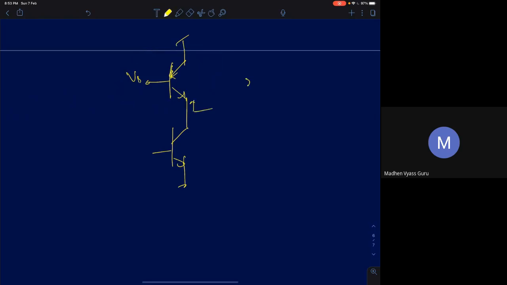Let ROP and GMP be the output resistance and transconductance of this PMOS. What will be the resistance seen on the PNP transistor side? This is a PNP transistor. I'm looking into the collector of a PNP transistor. Base is at AC ground, emitter is at AC ground. What is the looking-in resistance? ROP, yes, it will be ROP. Replace this transistor with a resistance of value ROP.